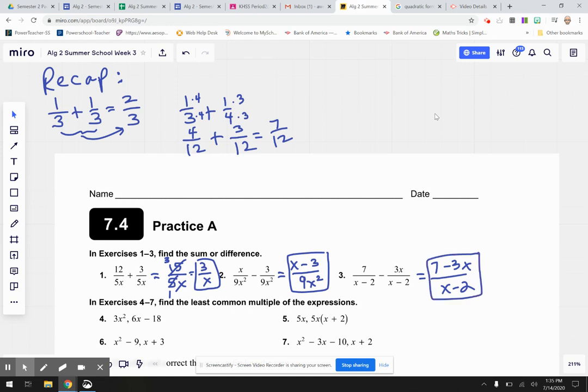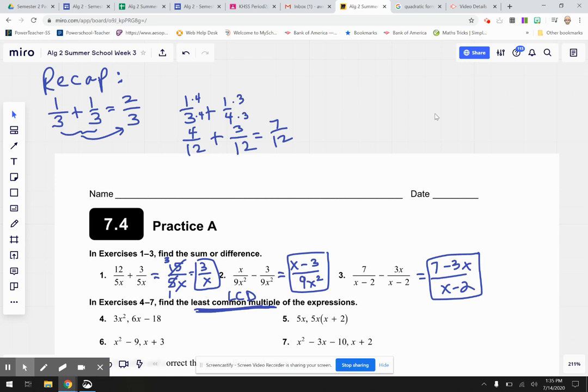So there's 1, 2, and 3. The next 4 are asking for the least common multiple. Another way to say that is lowest common denominator, LCD. So we're looking for, if these were denominators, what would be the lowest common denominator? Let's see.